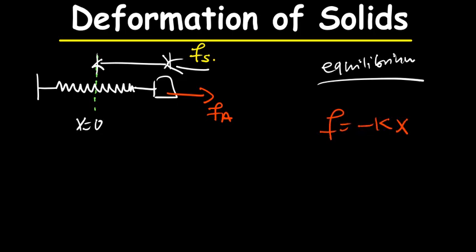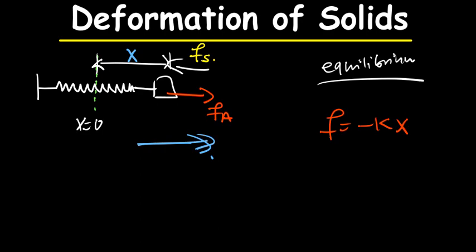Now, why are we talking about negative? The negative comes in because we are not using the applied force. We are using the force that is in the opposite direction. The displacement, x, is moving in this direction, in the positive x-axis.